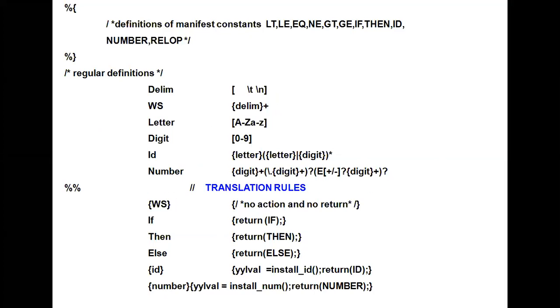What are we declaring in the declaration section? Here, declaration of some variable constants can be done, or some regular definitions can also be written.